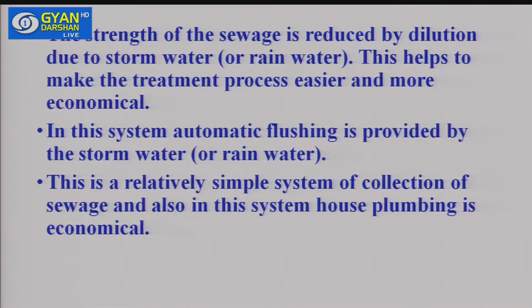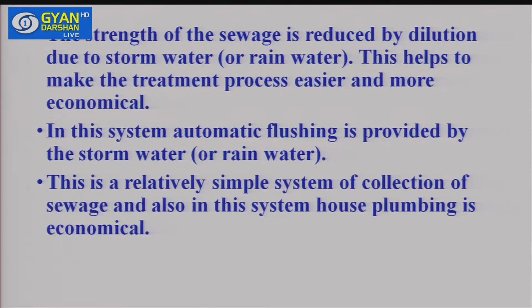In this system, automatic flushing is provided by the storm water, because this sewage is carrying some solid matter also, so flushing of the pipes is also required. Otherwise, if the solid matter settles in the pipes, it will cause choking of the pipes.